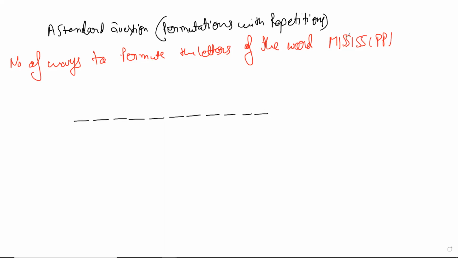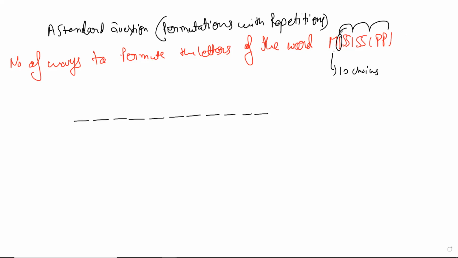Yeah, but then the S's, how would you say? Yeah. So if I say that for M, there are 10 places, so there are 10 choices. But then which I, that's the problem, right? Which I are we talking about? We cannot say this I has 9 choices, right?